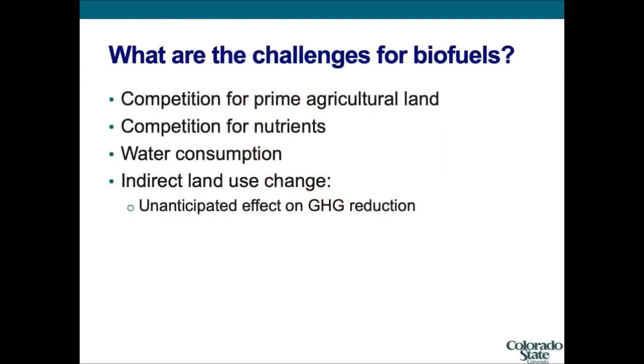So in that context, what's the deal with biofuels? If you think about biofuels, especially the corn, grain, and soybean part, you think, wait a minute, these are food products. They're on prime agricultural land, and now you're saying that you want to take some of that and make fuel. That is definitely a conflict.